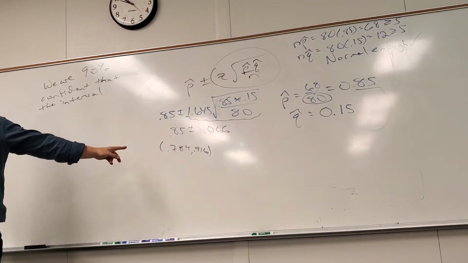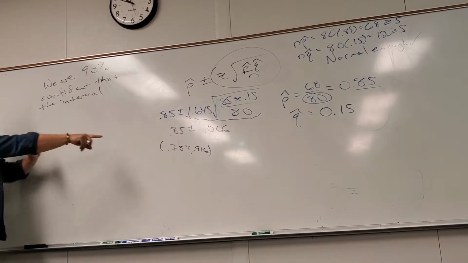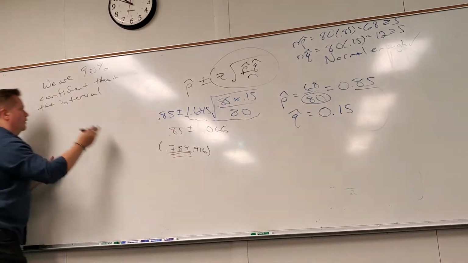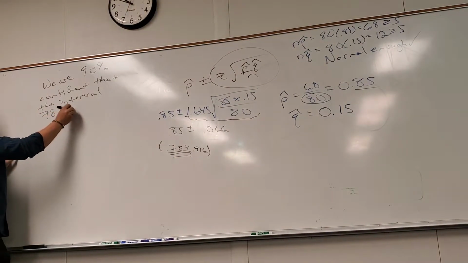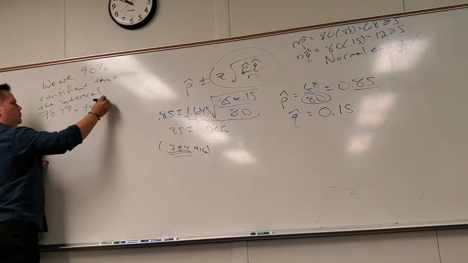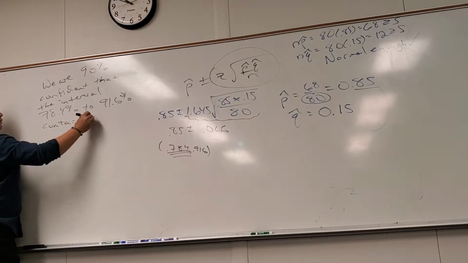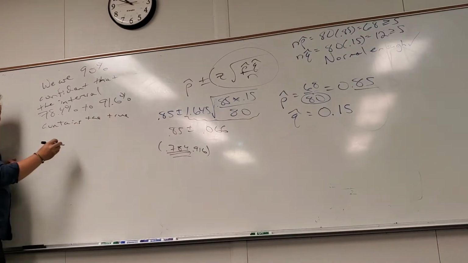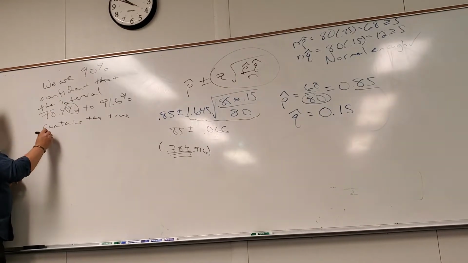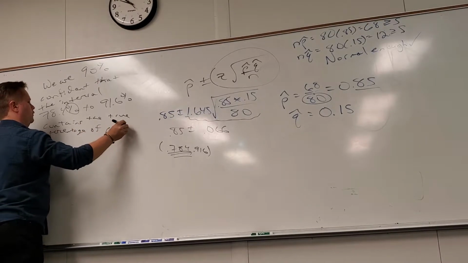These are percentages. Change them into percentages. That's the units. So the interval what? 0.7. No. What did I just say? 78.4% to 91.6% contains what? The true percentage of parents that decorated for Halloween already.